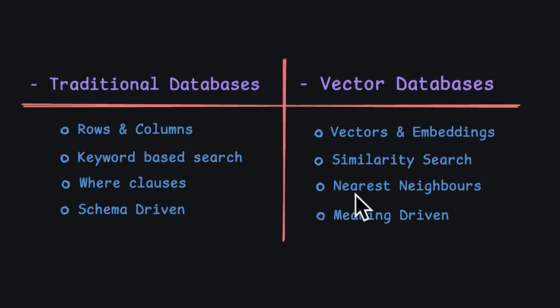What are these nearest neighbor search algorithms and how they are used to perform similarity search? And the most important thing is that because vector databases can store all these vectors and embeddings, we're able to perform meaning-based search, right? So it's all semantic search within a vector database, right? So these are the key differences between a traditional database and a vector database.